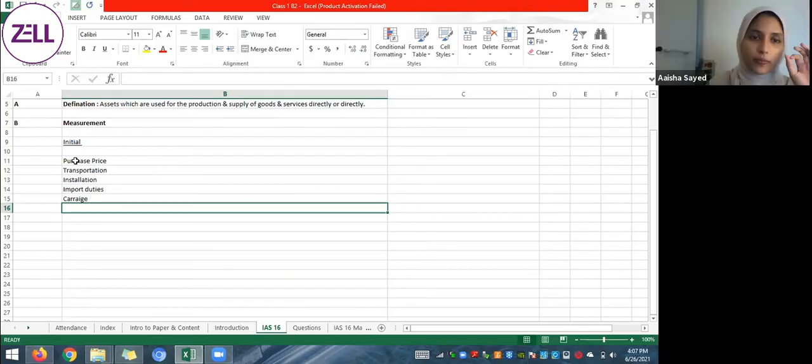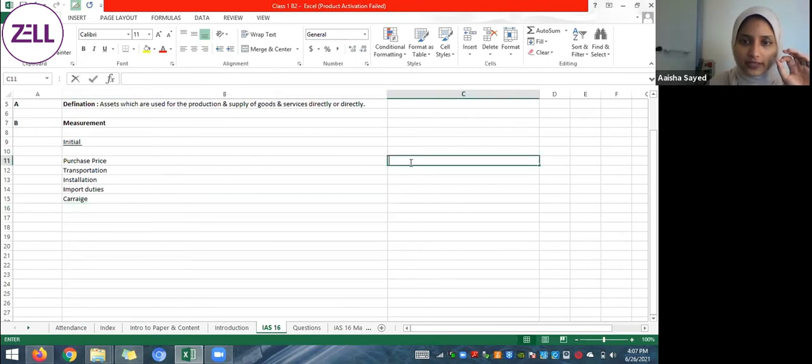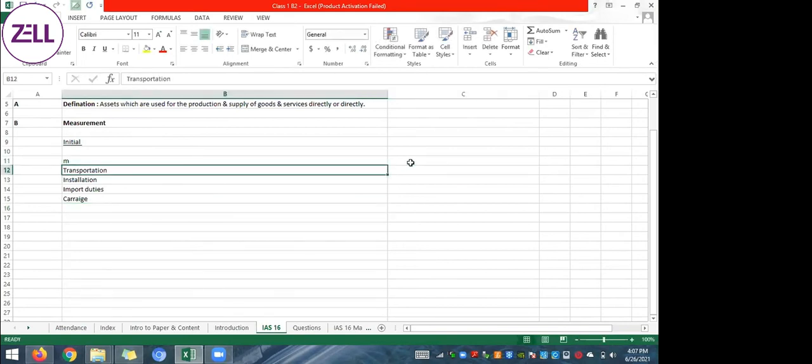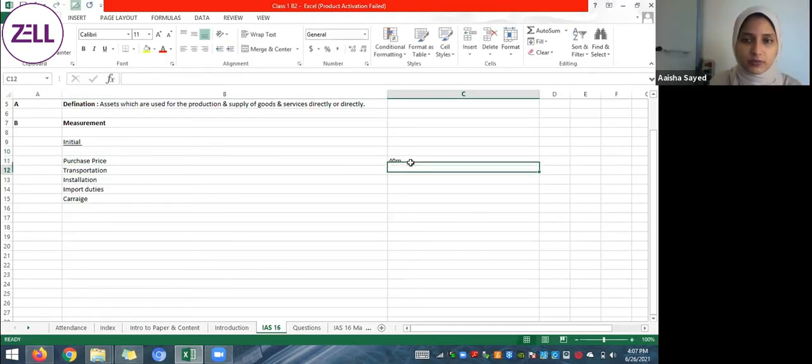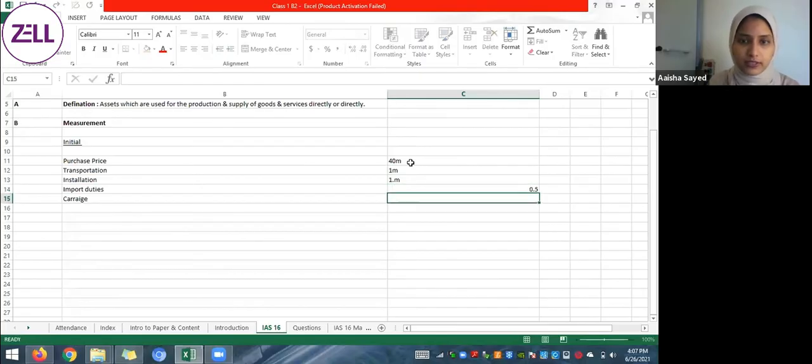Okay. So normally, like you all told me, if the purchase price is 40 million. 40 million. Okay, I think my number is clear. 40 million is the purchase price of the machinery. Transportation I'm incurring 1 million. Further installation 1.5 million. Import duties 0.5 million, and then the carriage I'm incurring of say 2 million.